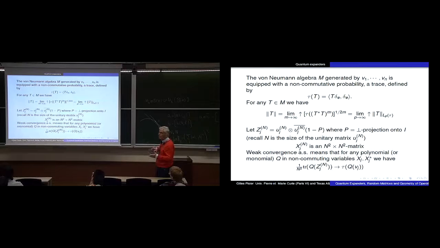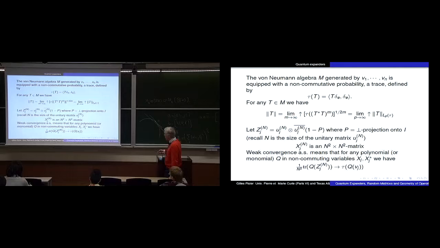And for traces, it's exactly the same. So the norm of your operator is the increasing limit of the L^p tau norms, which corresponds to this. This corresponds to p equals 2m. Okay, this is what you would define as the norm in L^p.